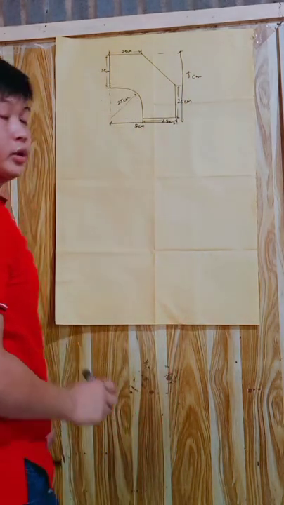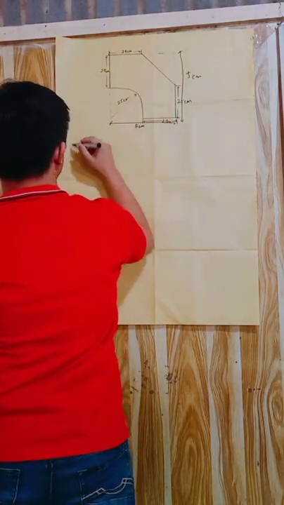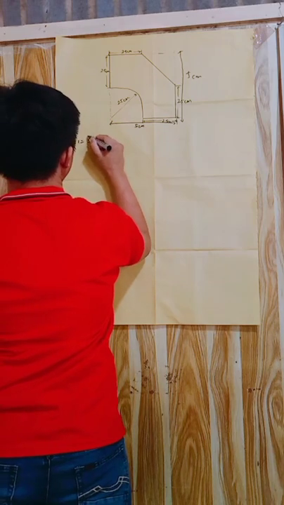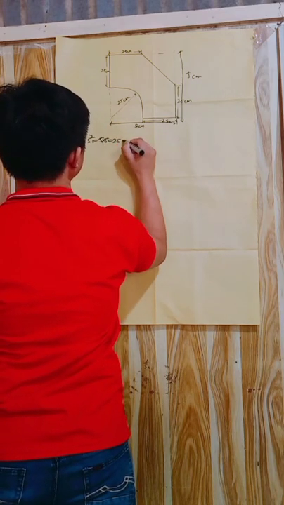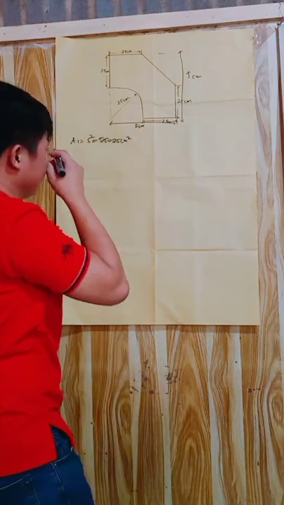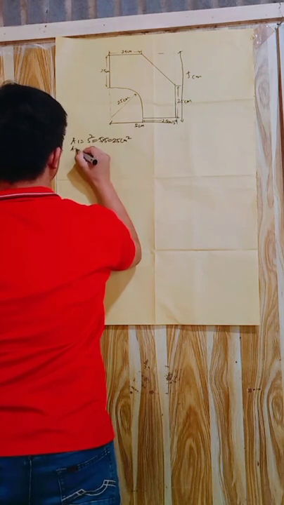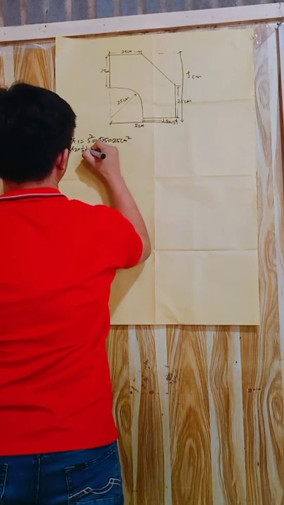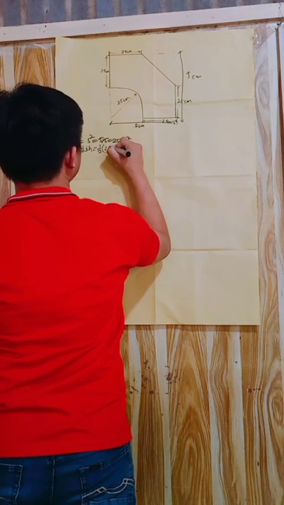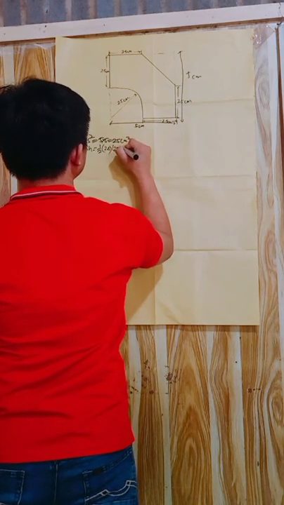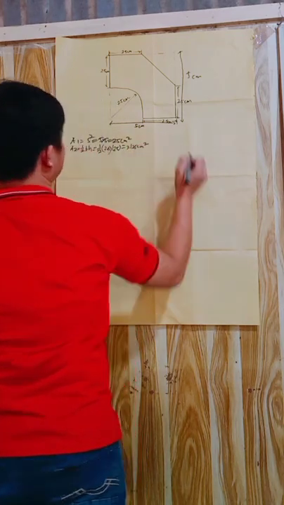First thing we need to do is to find the area. Area of this whole is equal to s squared, which is 5 times 5, equal to 25 centimeters squared. Right? And then the area 2 is a triangle: 1/2 base times height is equal to 1/2 times base 2.5 times height 2.5, equal to 3.125 centimeters squared.